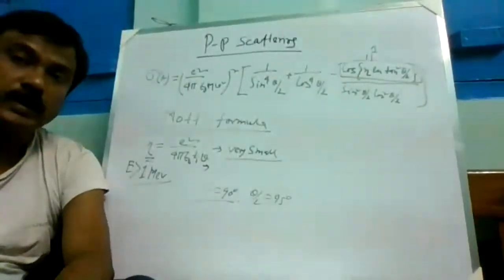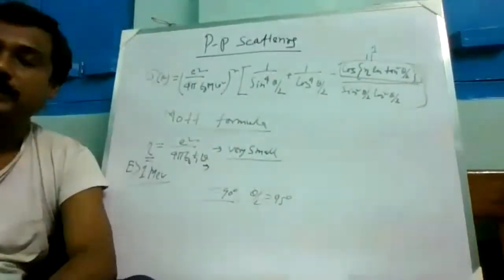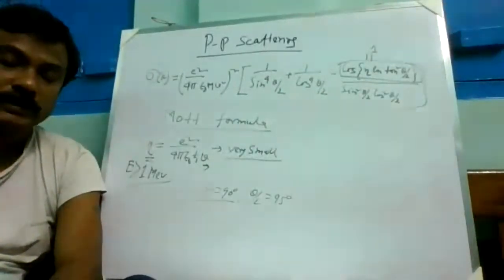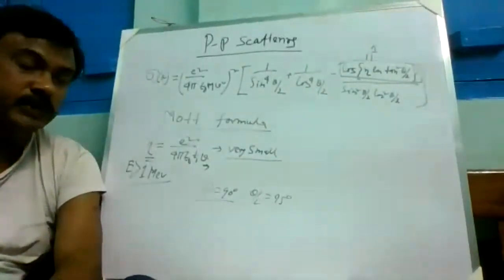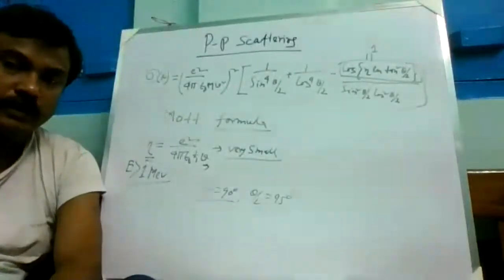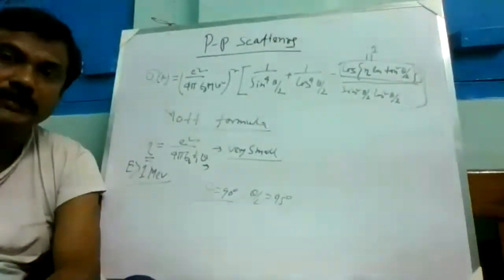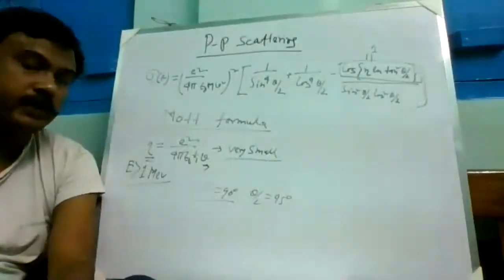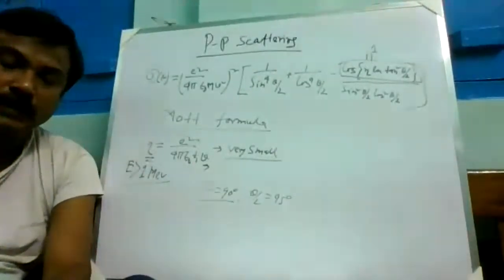Now, up to this, we have only considered Coulomb interaction. Now we are going to take into account the effect of nuclear force. Now, for nuclear force, the expression for NP scattering has been derived.